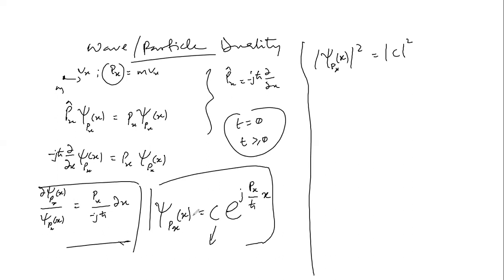So this implies that the particle could be anywhere since it is independent of the position x. And if we put this differently, you recall the Heisenberg uncertainty principle.